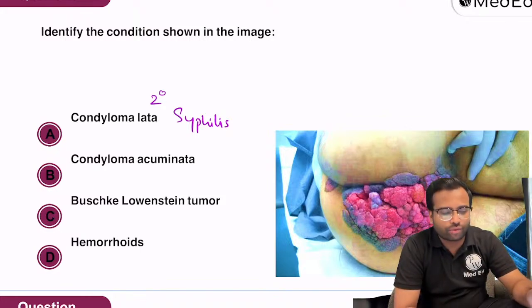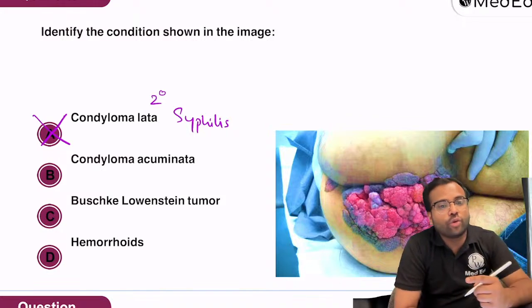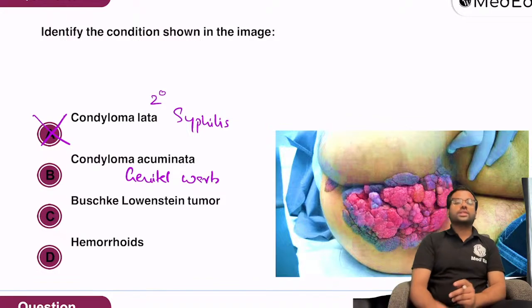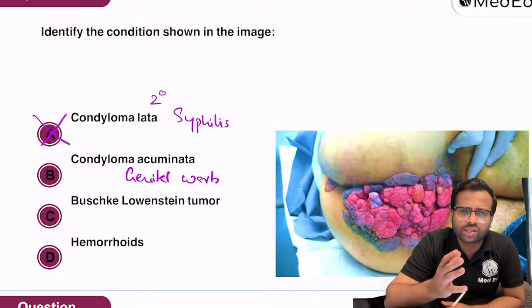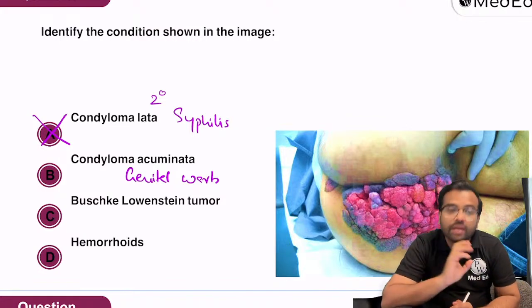This doesn't look like a flat topped lesion, so let us rule out this one. Condyloma acuminata, these are genital warts, isn't it? So this can be genital warts, but this is a massive lesion that you can see in this MCQ. So let's keep condyloma acuminata also aside.